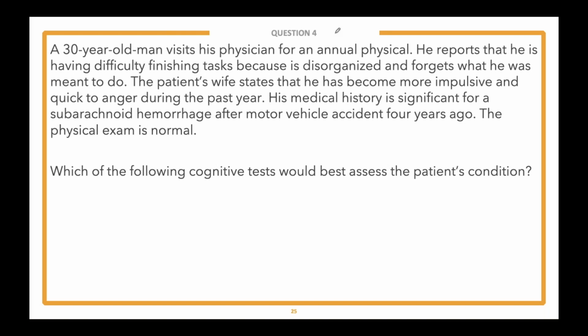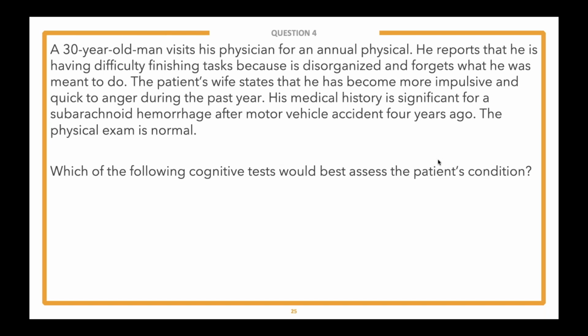We'll start off with the lead-in. Which of the following cognitive tests would best assess the patient's condition? Okay, think about that as we read the vignette. A 30-year-old man visits his physician for an annual physical. He reports that he is having difficulty finishing tasks because he is disorganized and forgets what he was meant to do.